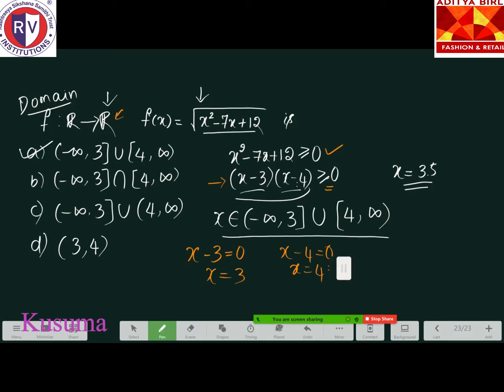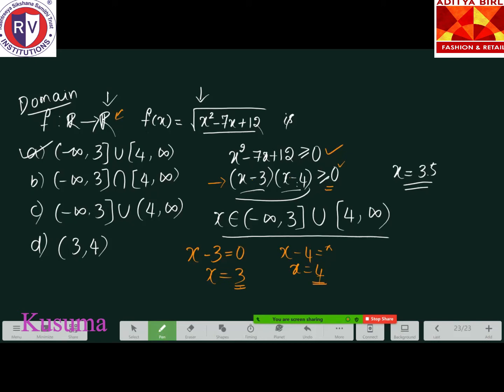At these particular numbers, the value of this expression will be 0, right? These are the zeros of the given equation. So when you give the values 3 and 4 here, the output will be 0. But what about the other numbers?